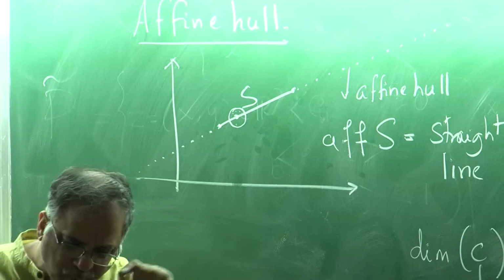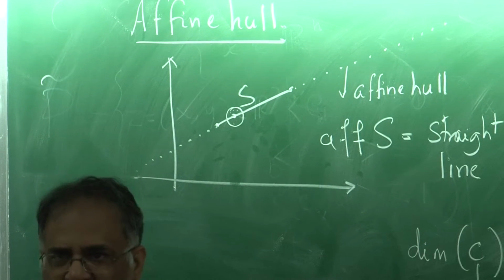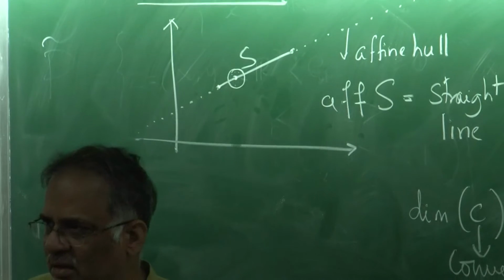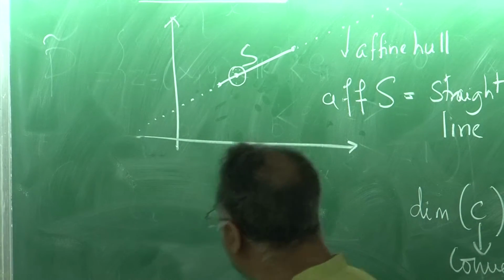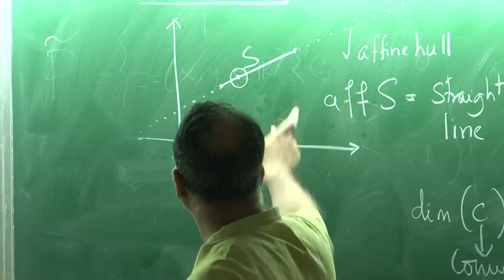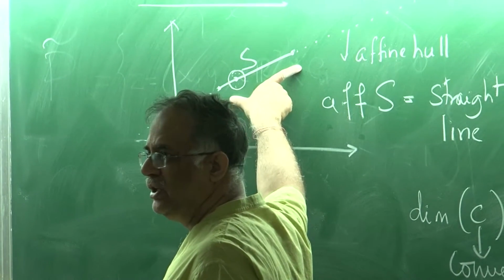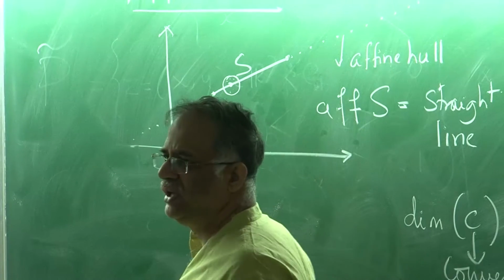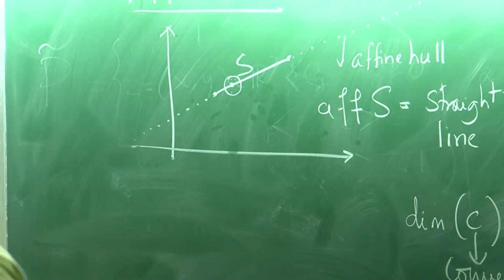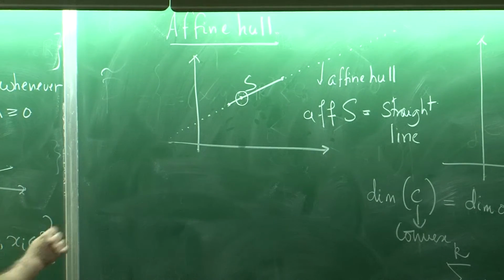So, none of the points in the line segment is an interior point. But because it is a straight line, it looks like a closed interval on a real line, so it must have an interior point. So, here one defines what is called a relative interior.